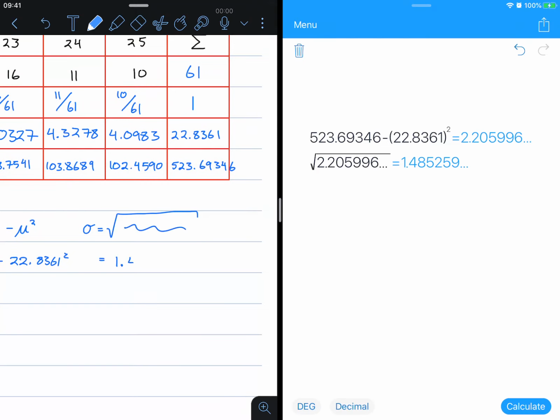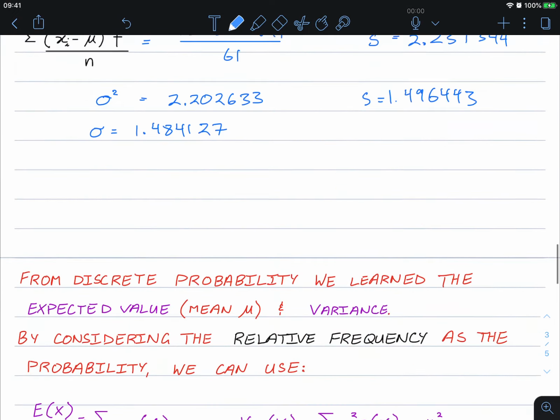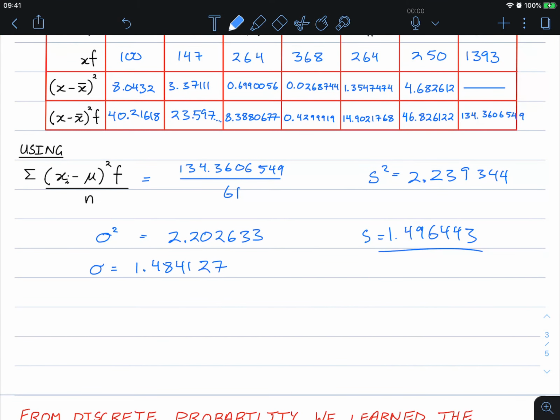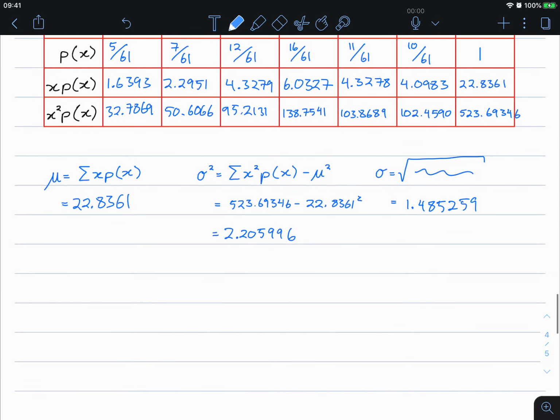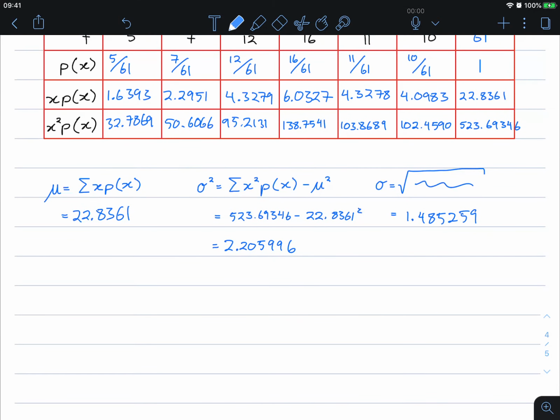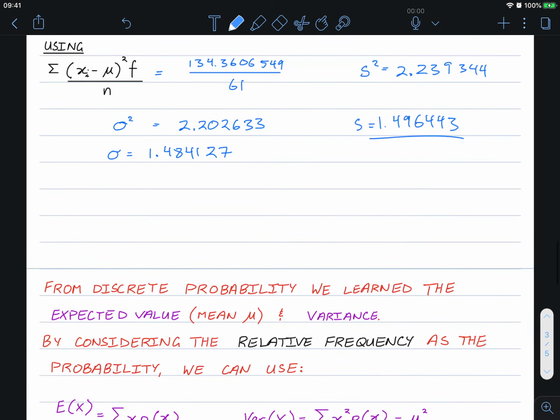1.485259, which if we compare to what we had, 1.4964, 1.485, so it's not too far away.